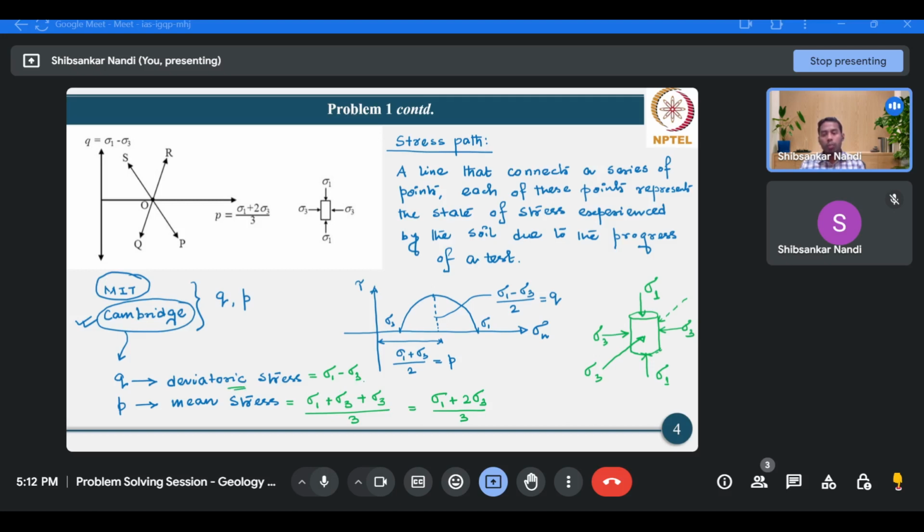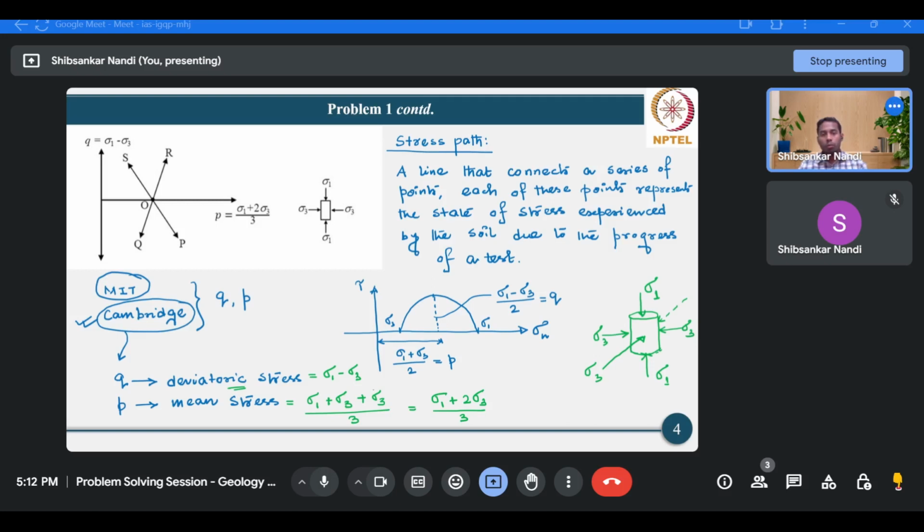Please keep in mind that only for this kind of state of stress, where the confining pressure is the same throughout the soil sample, will sigma 1 minus sigma 3 be the deviatoric stress, since this is a triaxial type of state of stress.